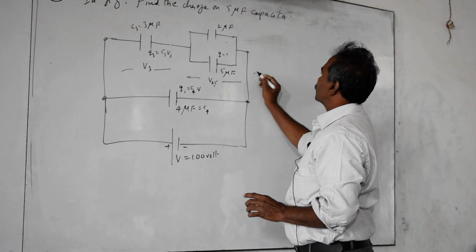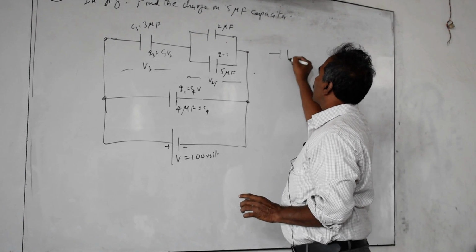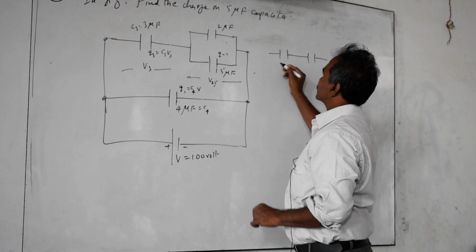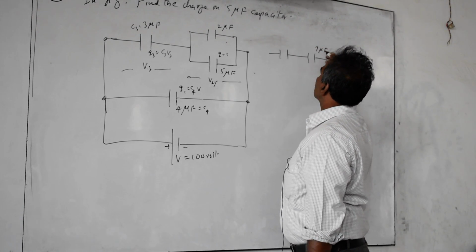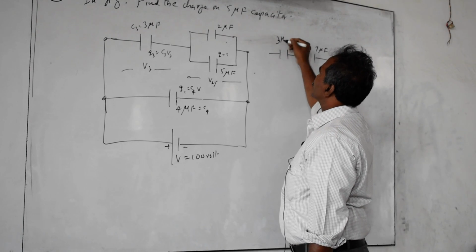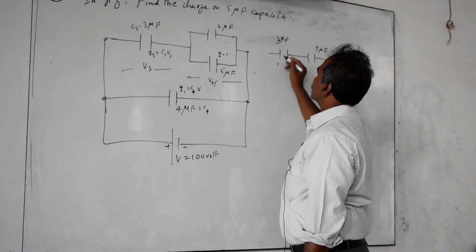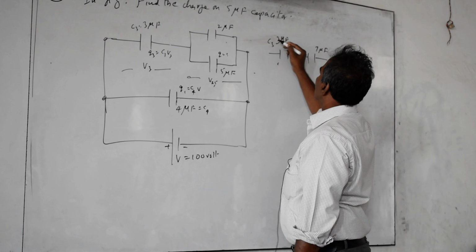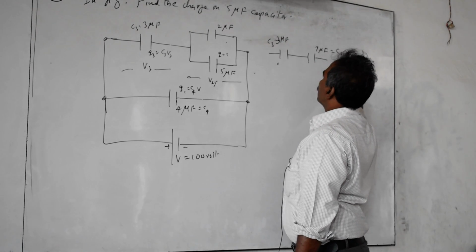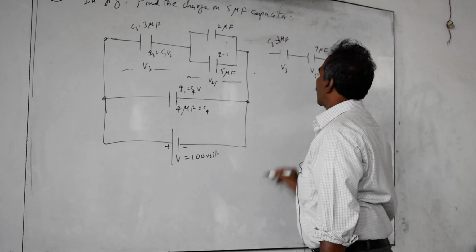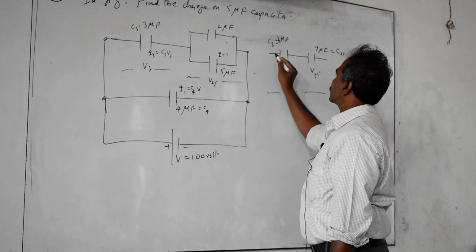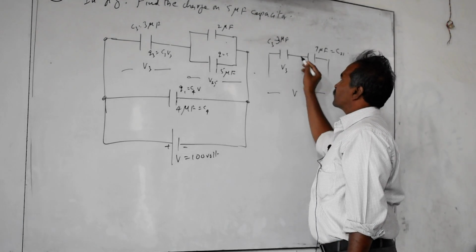So only the top portion I am taking. This is one capacitor, this is another capacitor. This is 7 microfarads and this is 3 microfarads. I will take this as C3 and this as C25. This voltage is V3, this voltage is V25, and the total voltage is V. What is the formula we have for this sharing of the voltages?